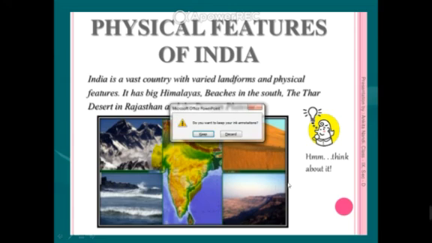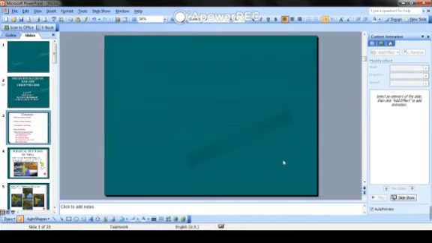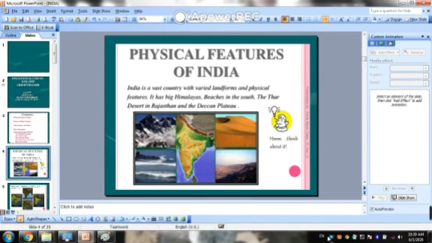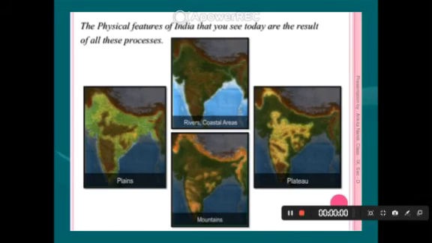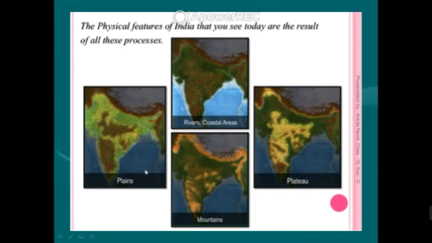So next we will discuss how plates form and what we mean by plate and how plates move from one to another. Okay, rivers also flow in our country, rivers are also a part of physical features, plateau is also a part of physical features, mountain is a part of physical features.